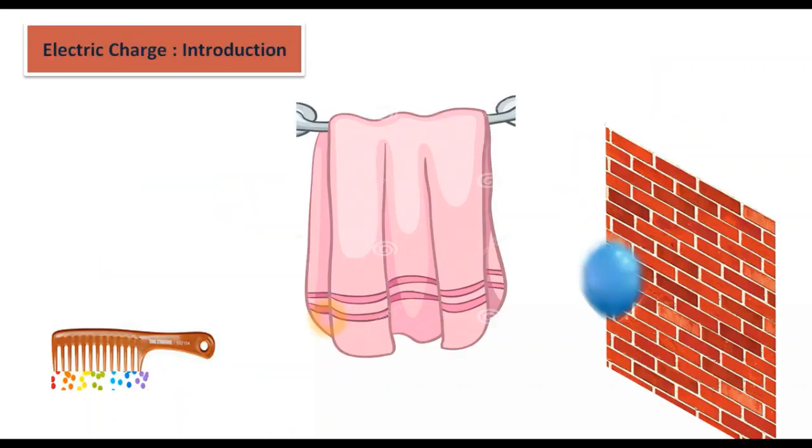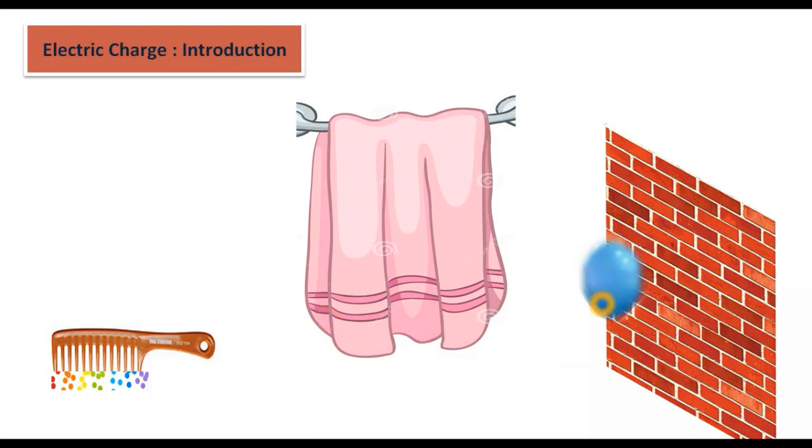What do we mean by electric charge? Just look at some common examples. Suppose you have a balloon, and you rub it on your hair for a minute, when your hair is dry. Then take the same balloon near the wall.